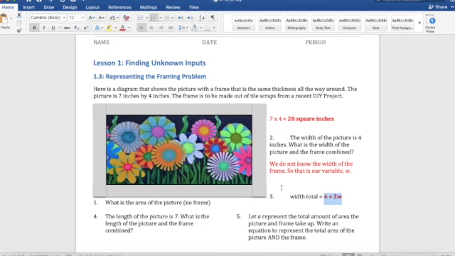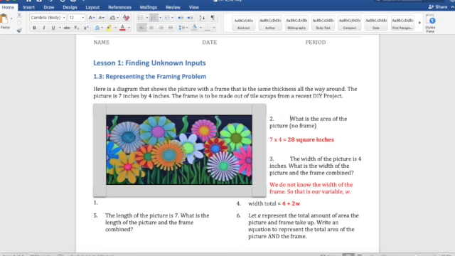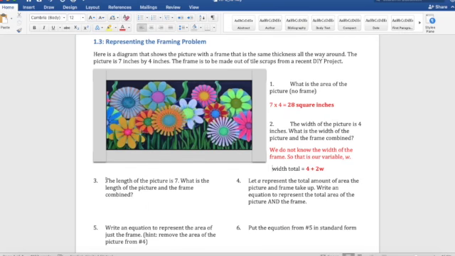Alright, so the width total is 4 plus 2W, and that is that problem. Now, a similar idea with the length. The length of the picture is 7, and the length of the picture and the frame combined is going to be a very similar thing.